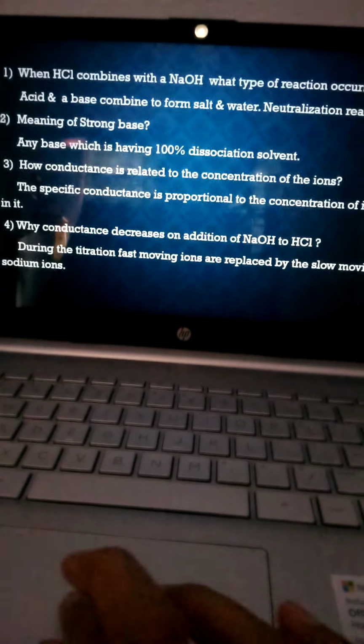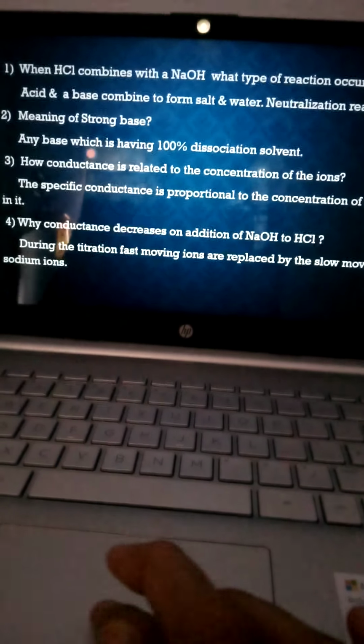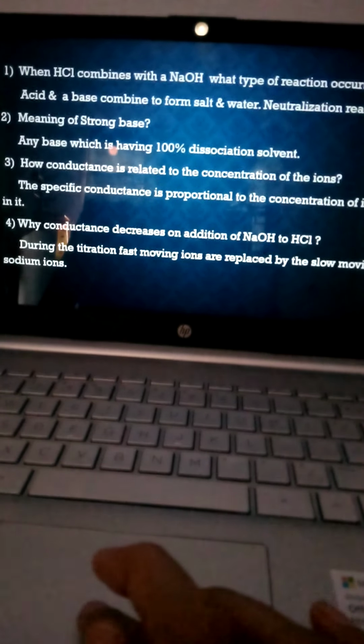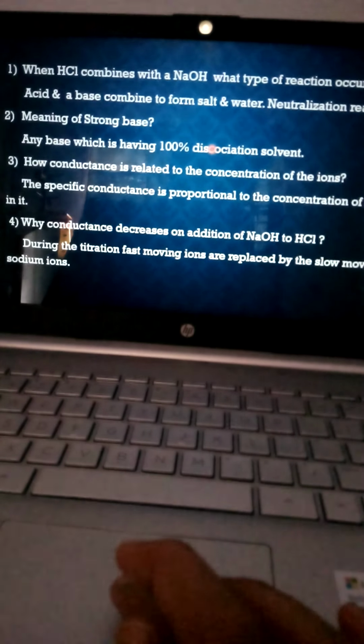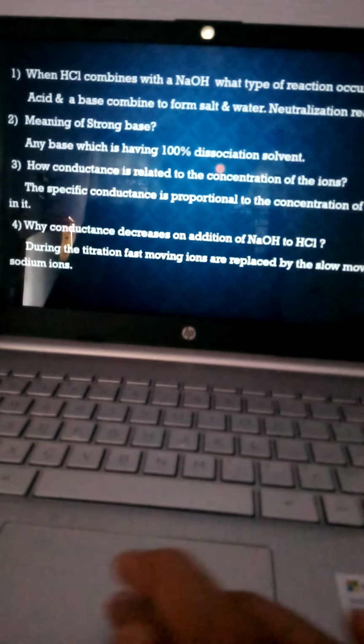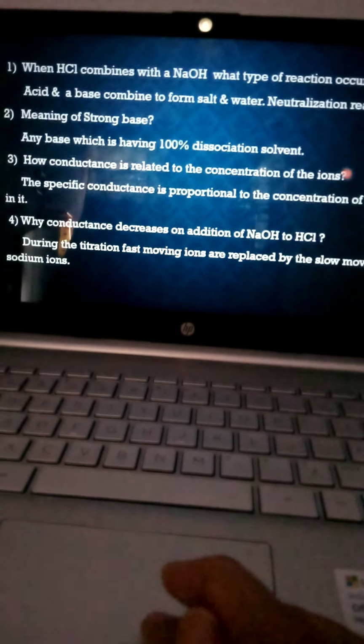Next, strong base. A strong base means any base which undergoes complete dissociation. For example, you can take sodium hydroxide or potassium hydroxide. Next question is how conductance is related to the concentration of the ions.